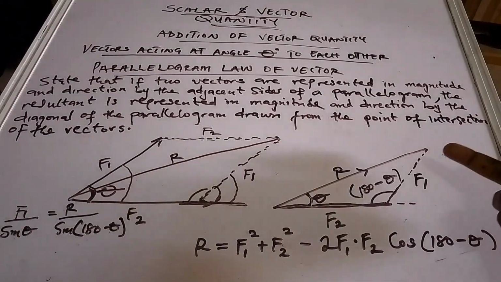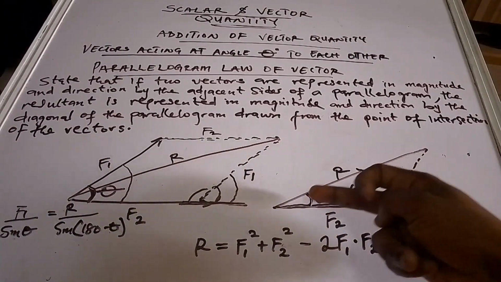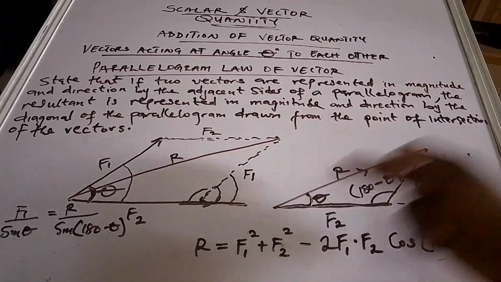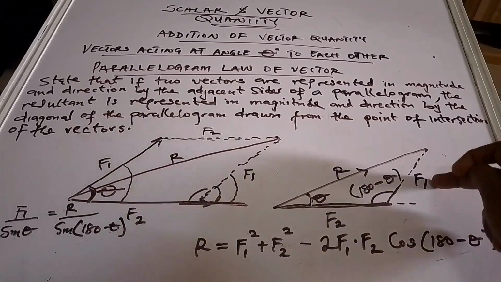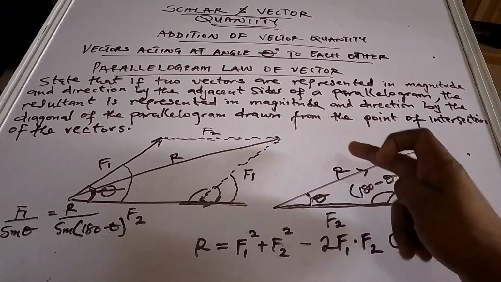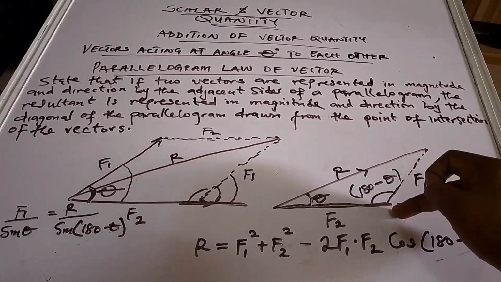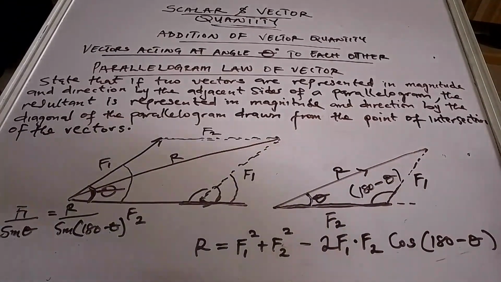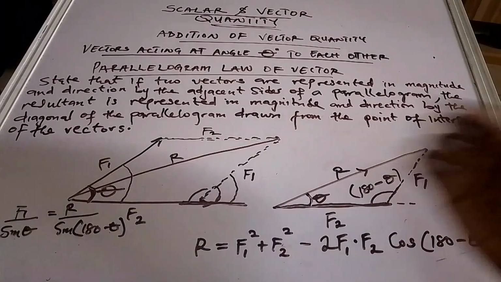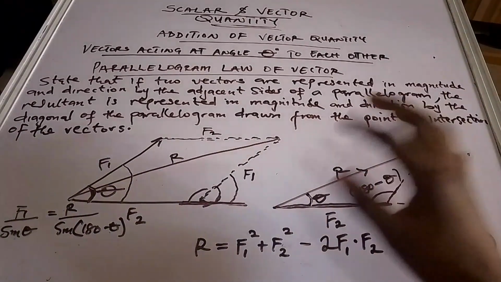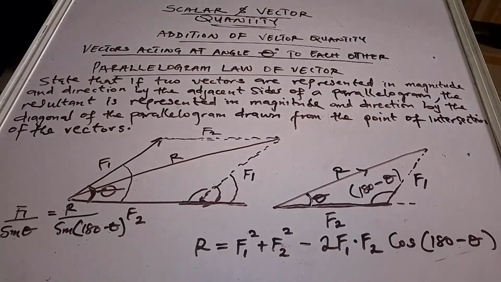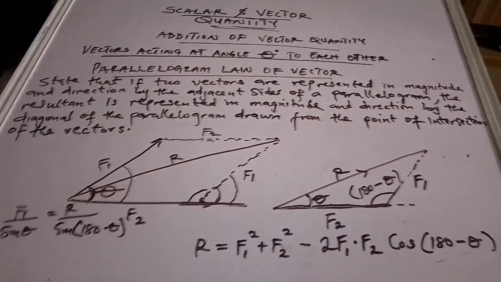The sine rule is just talking about a side over the sine of the angle corresponding to this side. So you just say F1 over sine theta equals R over sine 180 minus theta. By the time you write this, you just substitute these parameters and find your resultant in magnitude and also in direction. Let's look at an example to see the true picture of this application.